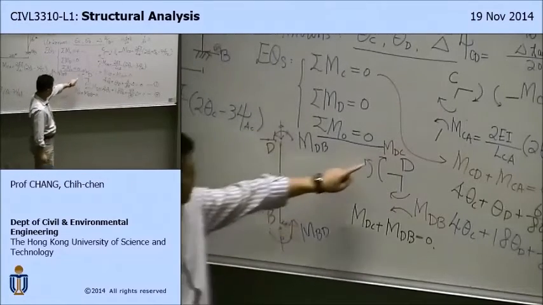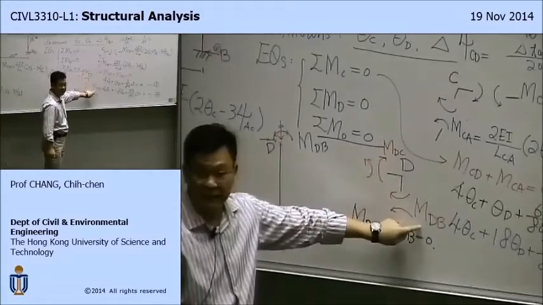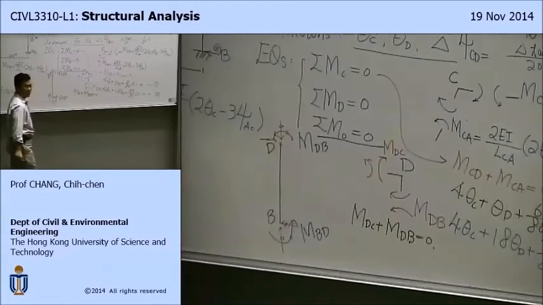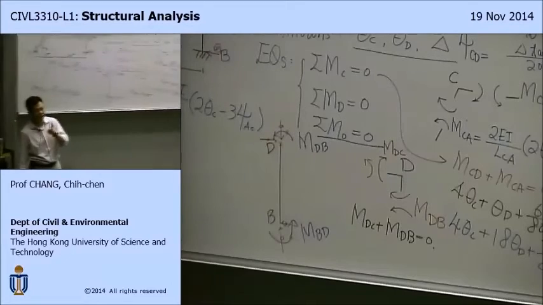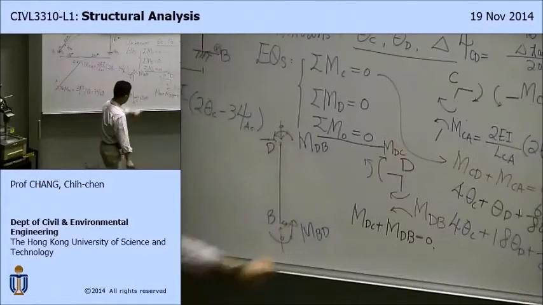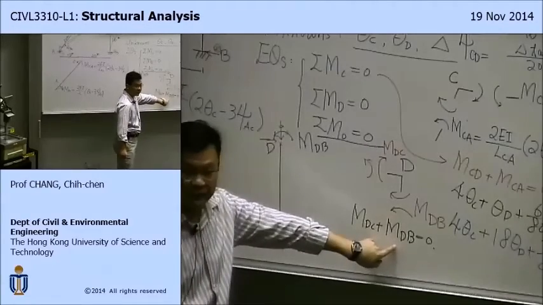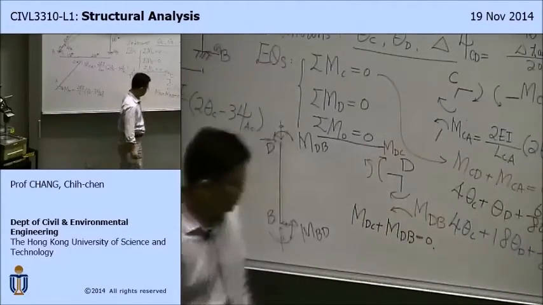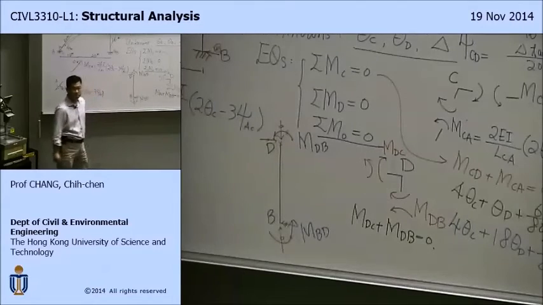So now you just need to figure out what is MDC and what is MDB, all following the slope deflection equations: 2EI over L, bracket, 2 theta I plus 1 theta J minus 3 times rigid body rotation angle and fixed end moment. So just follow that equation. You should be able to set this up, which goes there. OK?